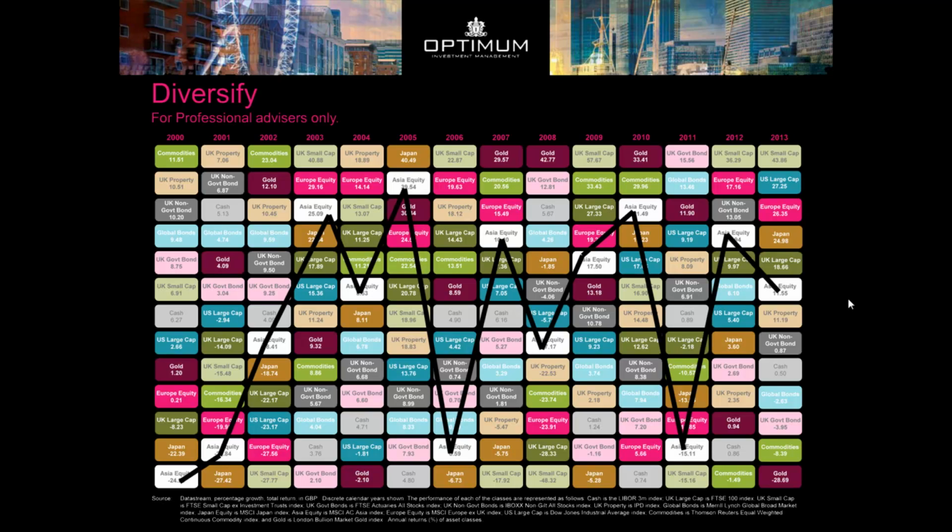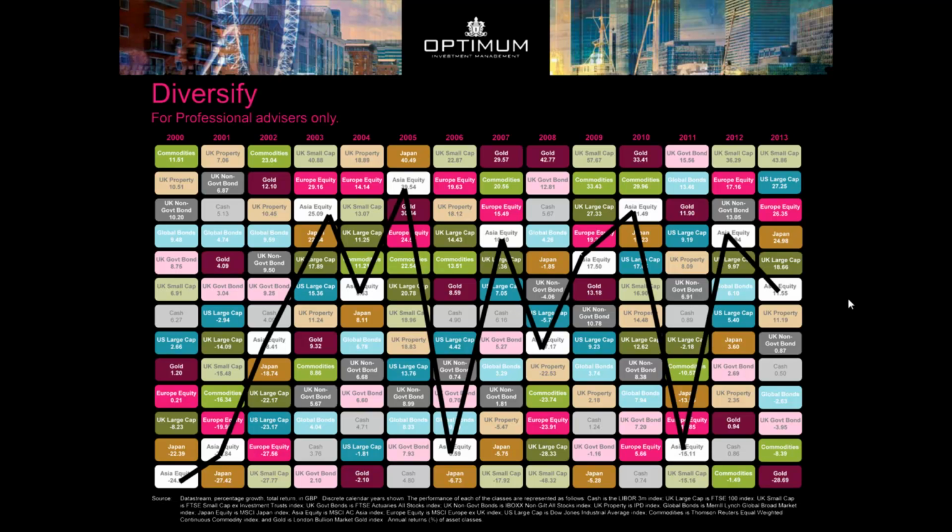You can see gold's had a few years up there, UK small caps had a few years up there, but they've also lost a lot at different times as well. So for example, in 2006 UK small caps are up there, as you can see, at 22.87% for their return. But the year before, they were quite a bit lower down the table. But if we look at Japan, for example, 2005, top of the table, losing money in 2006. So you can see it's quite a volatile ride.